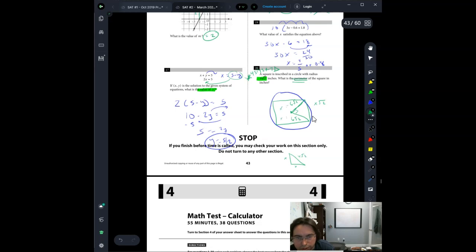Then we have 6 square root of 2 times the square root of 2, which is just going to give me 6 times 2, which gives me 12. So now we know that this side is 12, this side is 12, this side is 12, this side is 12. So the perimeter is 48 when you add up those terms.